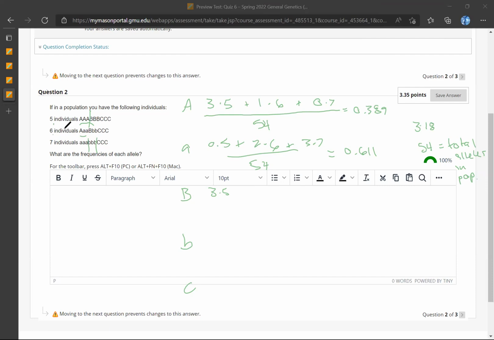We find the number in the denominator by multiplying 18 by the number of alleles within a locus. Yes, because there are 18 total, and then multiply by the ploidy. Exactly. So I'll spare you the rest of the math.